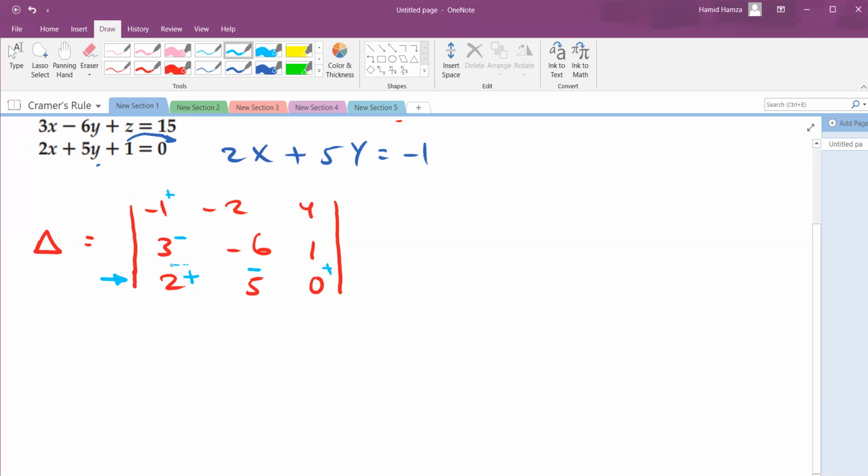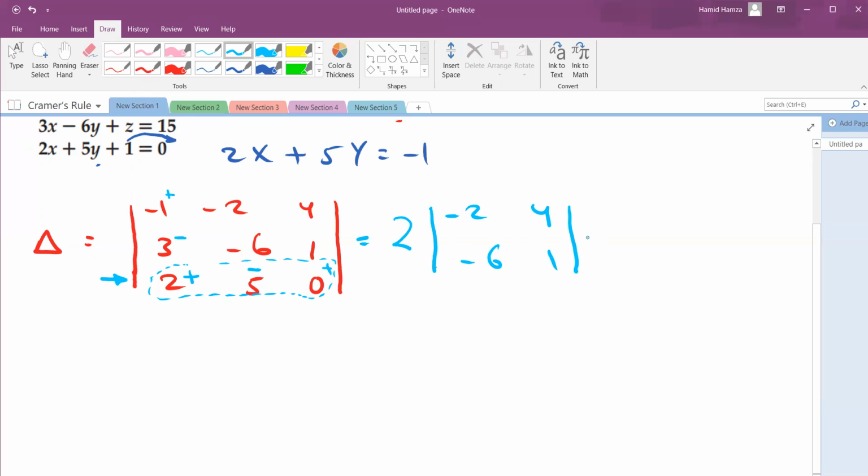I want this one, so it will be 2, deleting this row and this column, multiplied by negative 2, 4, negative 6, and 1.